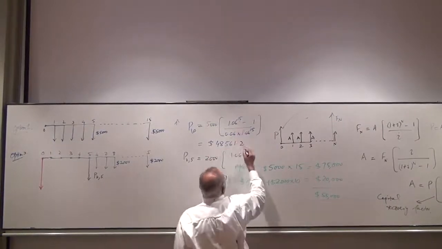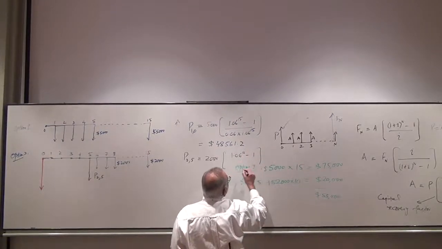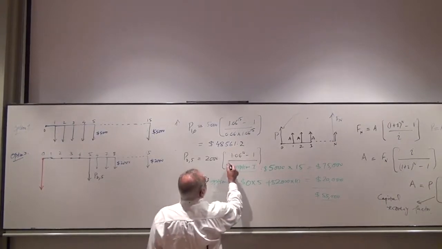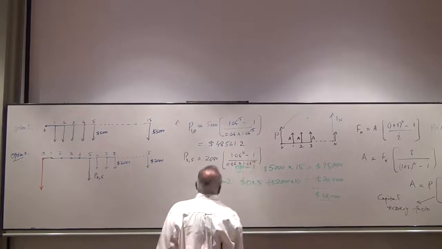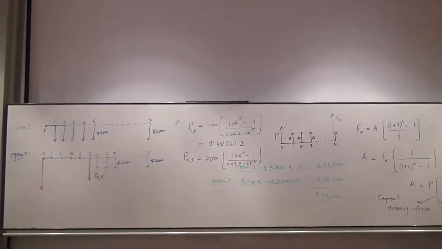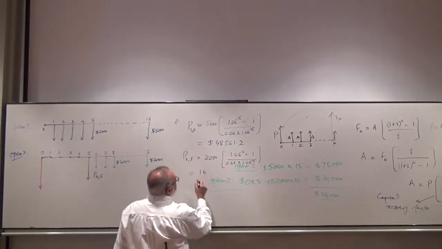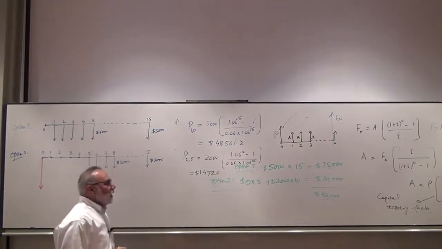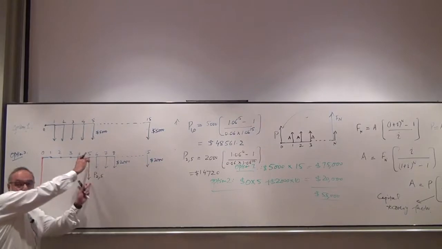Now the only difference is we have 10 here, minus 1, divided by 0.06 multiplied by 1.06 raised to power 10. So please solve this also. 14,720.